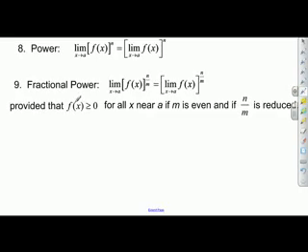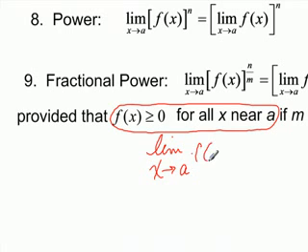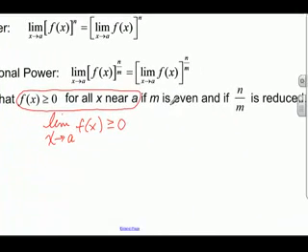First of all, f of x has to be greater than or equal to 0 for all x near a. What that's telling me is that the limit as x approaches a of f of x has got to be greater than or equal to 0.